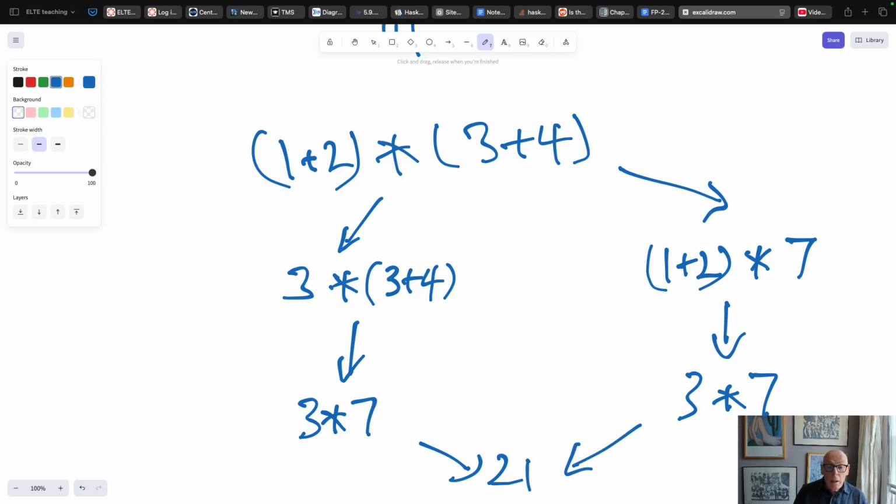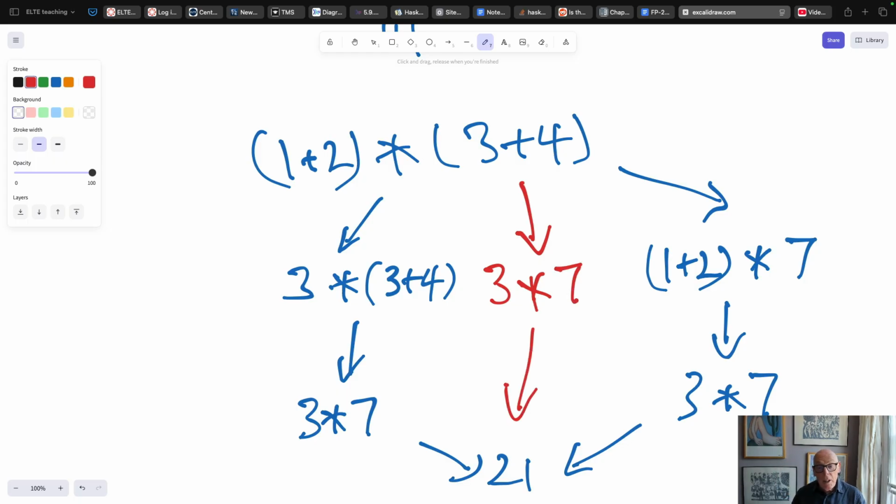So with the sort of functions we're familiar with in mathematics, it doesn't matter the order in which we do the calculation, we'll get to the same answer. And indeed, we can do something rather special here. We could in fact do things in parallel. We could evaluate both sides in parallel.